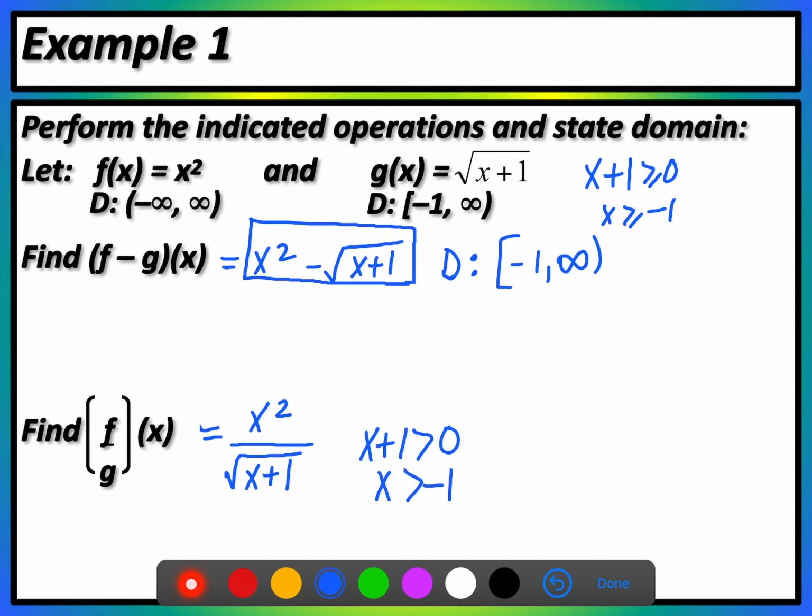This has to be strictly greater than, otherwise this becomes undefined. So how is this changing my domain? Not only am I taking the most specific aspects from the two originals, I now have to tailor it to my new function after the performed operation. So this is actually -1 to infinity now, even more specific than the two originals.